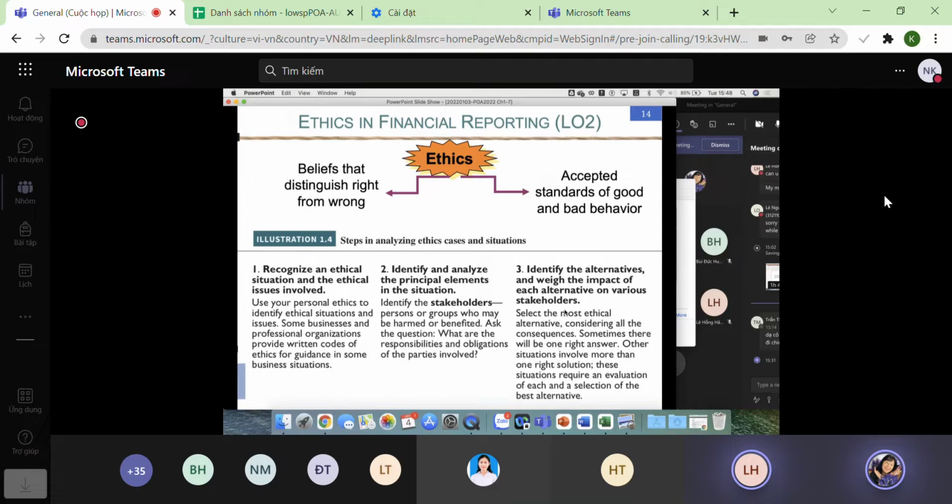If our information provided to the external user is not true, they will make the wrong decision, right? So we need to consider which activity to do.